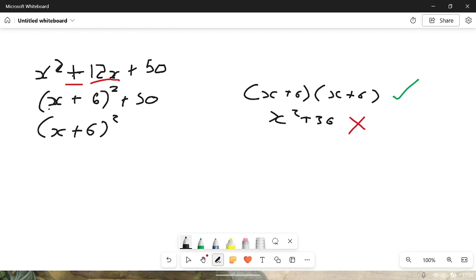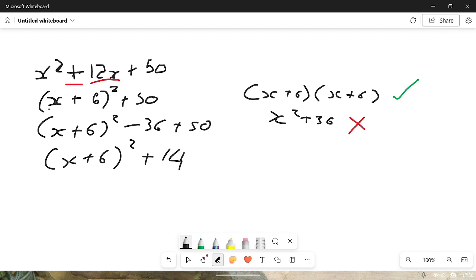So we have x plus 6 squared minus 36 plus 50. Now that minus 36, if it was 4 inside the bracket, it'd be minus 16. If it was 3, it'd be minus 9. It's simply the negative of that non-x variable squared, which will become more apparent as you do more complete the squares. But at the moment, that is equal to x plus 6 squared plus 14.